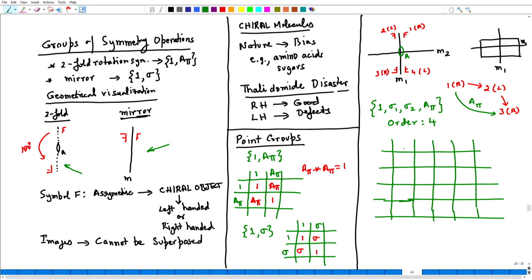Let me just write down the elements. I can fill, as before, the first row and the first column.